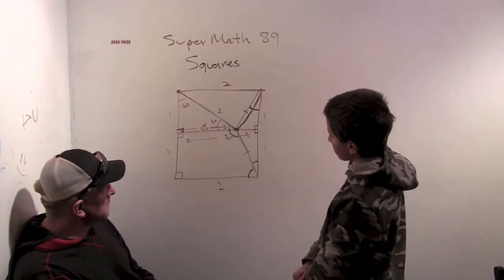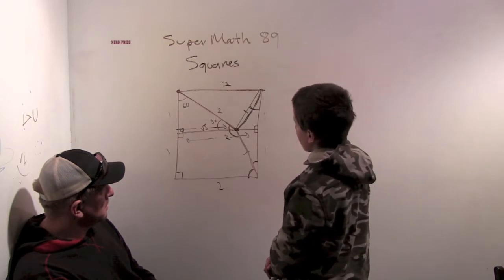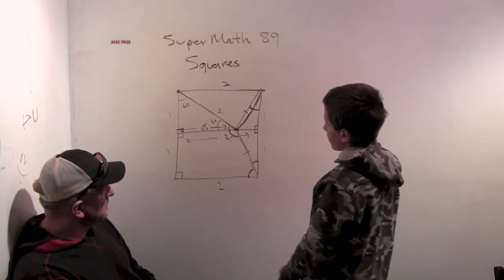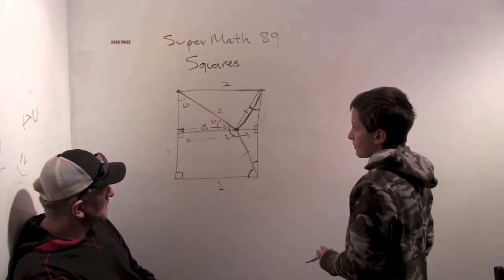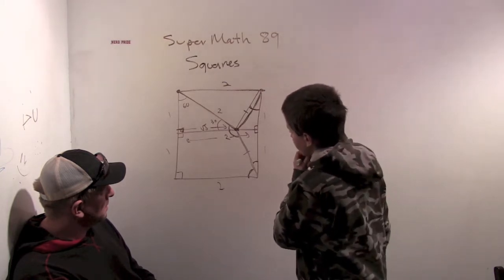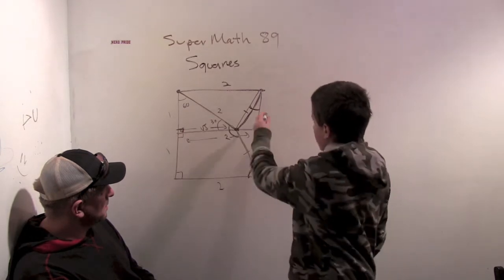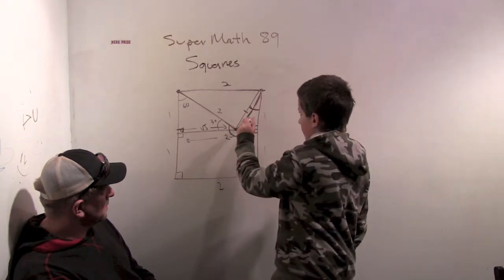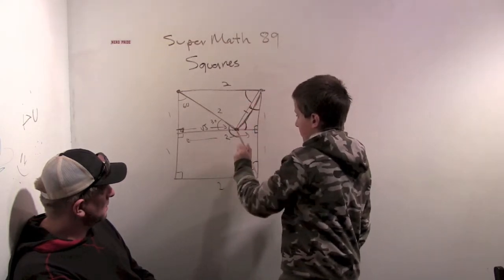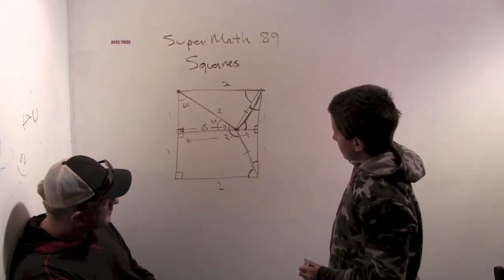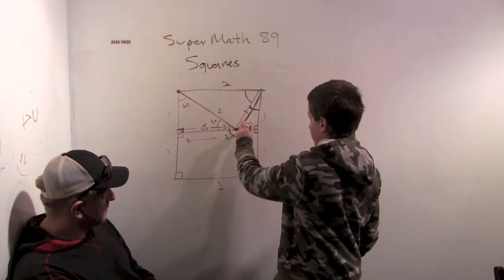But how could we get to that angle? So that angle is also, oh actually, this angle is this angle. Because this angle plus this angle has to add up to 90.